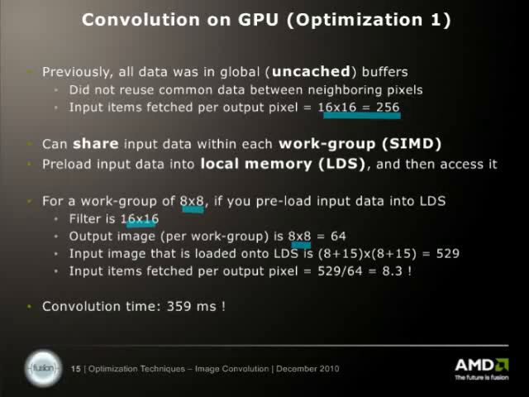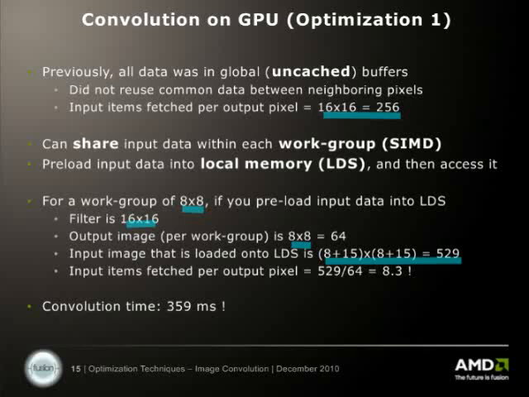Let's say our work group is 8 by 8, and our filter is 16 by 16. The output image we are going to spit out from this work group is also 8 by 8, because we have 8 by 8 work items, which is 64 work items, which will be 64 pixels on our output image.